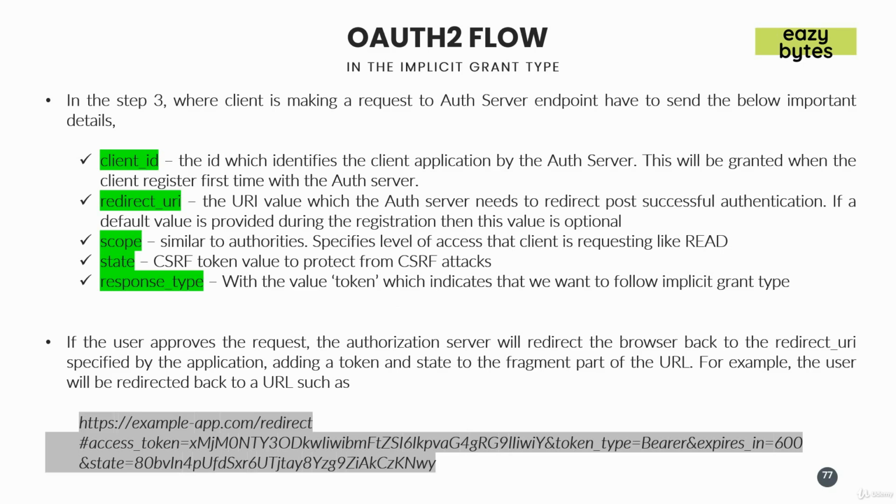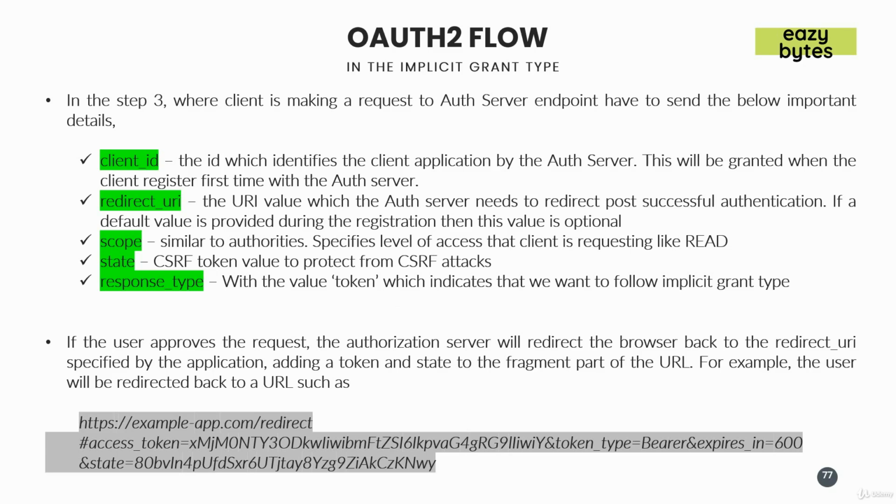Fourth is the state, which is used to avoid CSRF attacks. And the fifth, which is very important, is the response type, where you have to give the value token instead of code. In the previous authorization code grant type, we mentioned this value as code, but now we are saying token, which indicates that I don't want a code in between. I directly want to generate a token by using the implicit grant type.